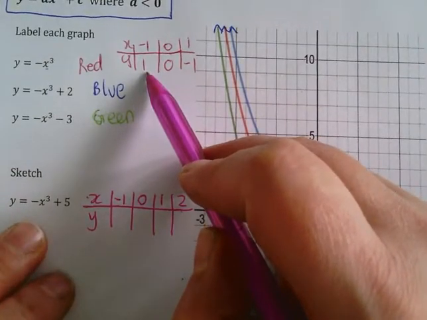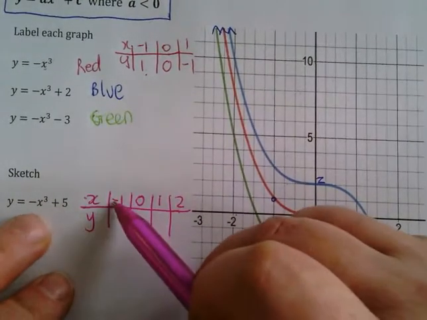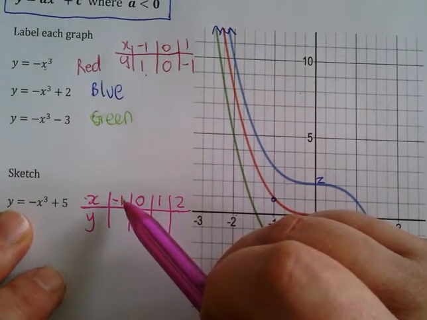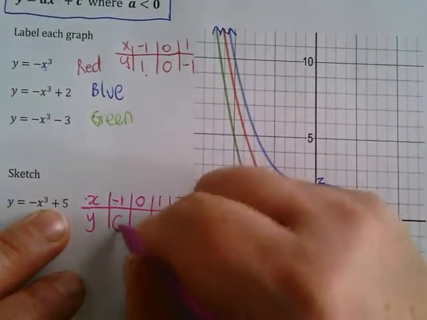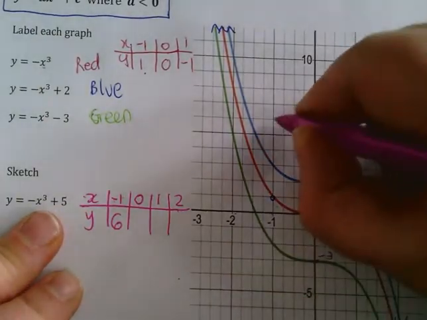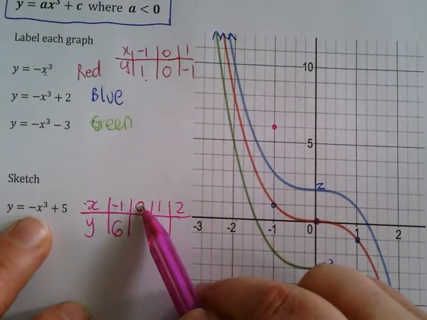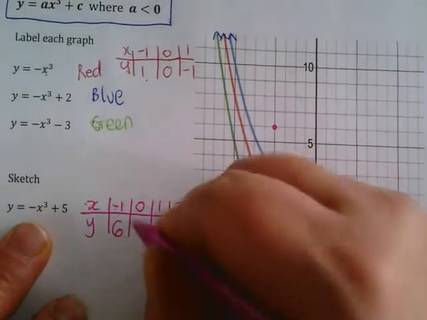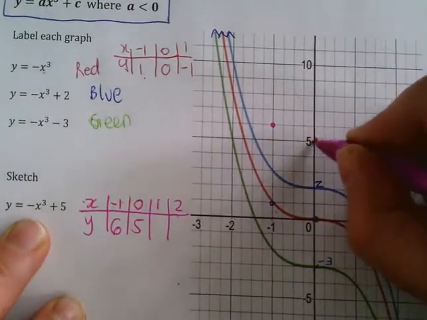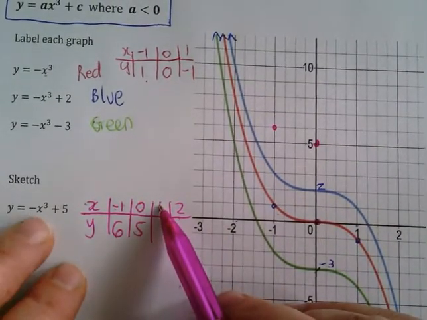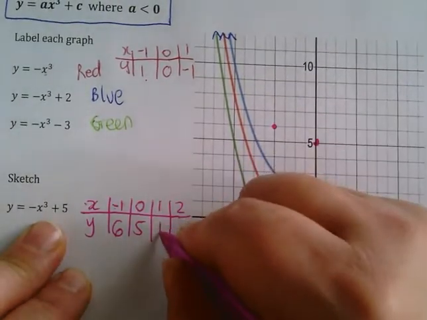We know the negative x cubed values. They're worked out in the table above. So -1 cubed is -1 times negative is +1 plus 5 is 6. -1, 6. 0 cubed, or -0 cubed is 0 plus 5 is 5. 1 cubed is 1, so -1 plus 5 is 4.